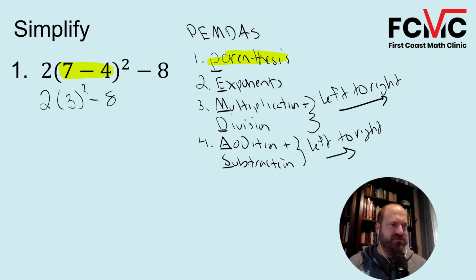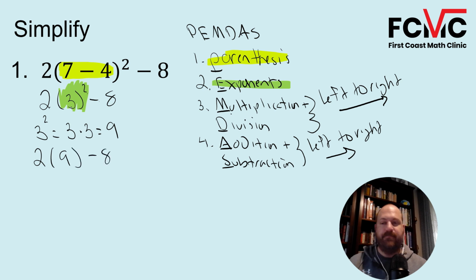Now we've got exponents. 3 to the second power is 3 times 3, which is 9. So we'll get 2 times 9 minus 8.